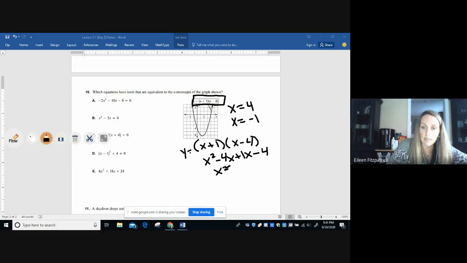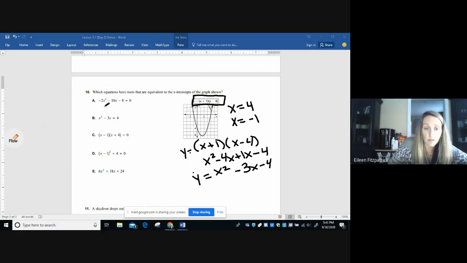And that's going to be x squared minus 3x minus 4. Okay, so I'm going to compare this to all the other equations.